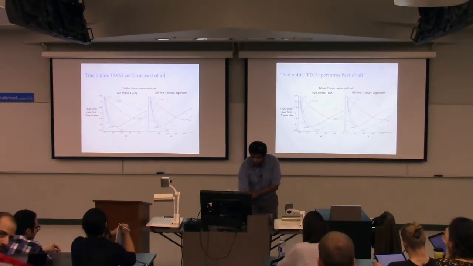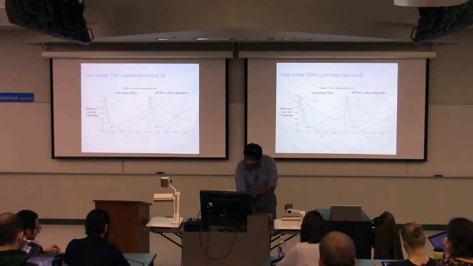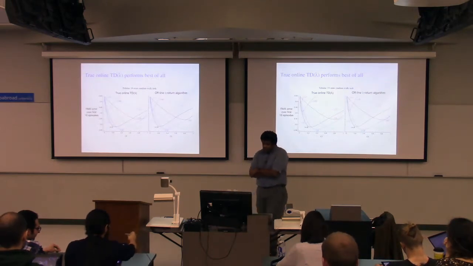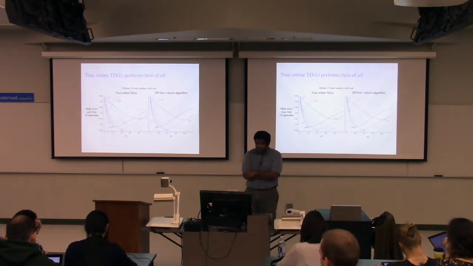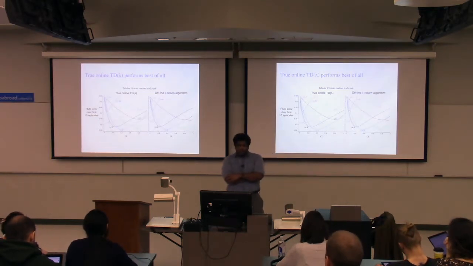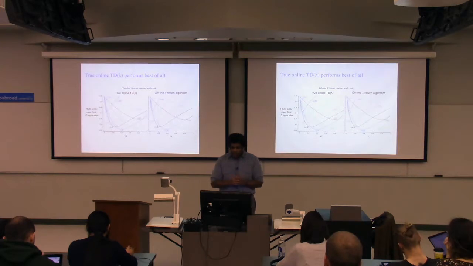So to just remind you, this is a similar diagram to the ones that you saw last class. This is a tabular 19-state random walk, and the policy is fixed to this random walk on some chain, and this is a comparison of two algorithms.